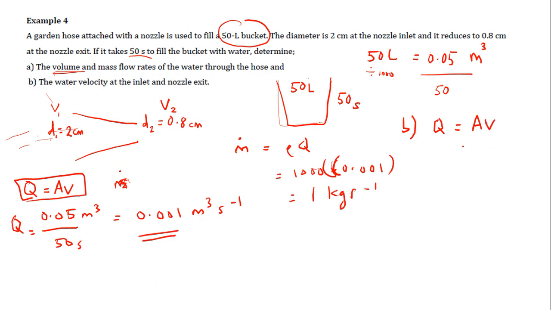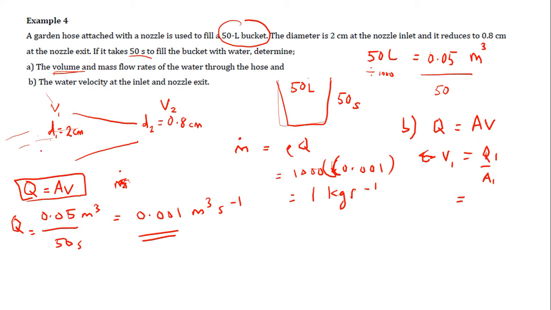For V1 use area 1, and for V2 use area 2, right? So V1 is Q over A1, and this is equal to what? Q, 0.001 divided by A1.